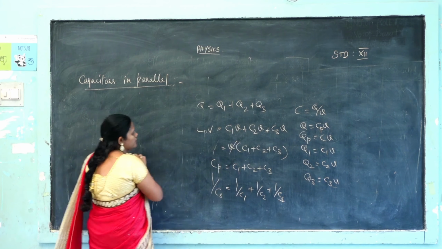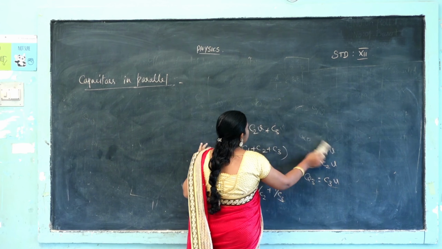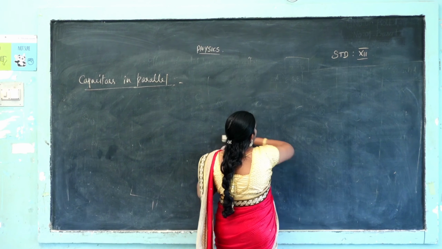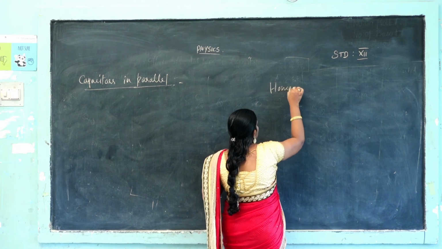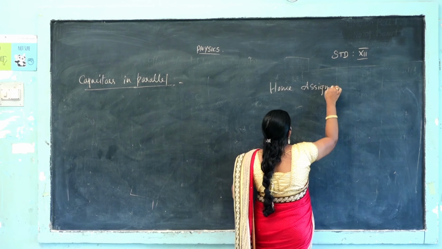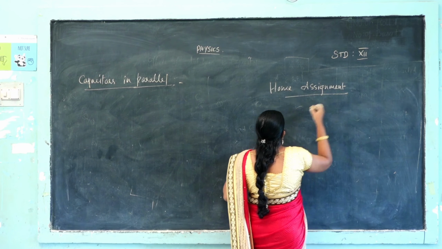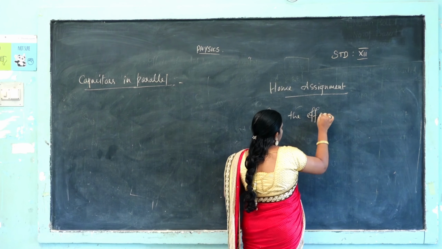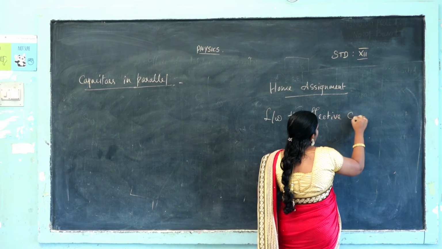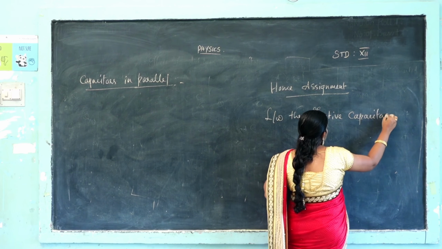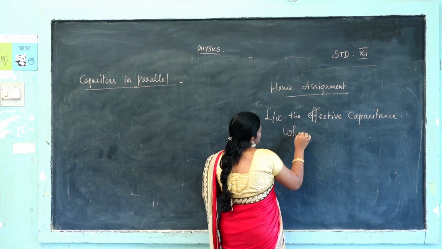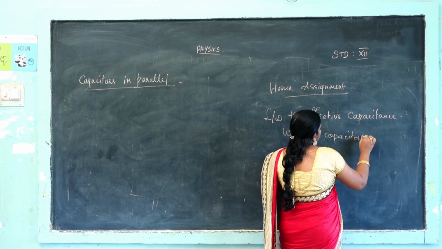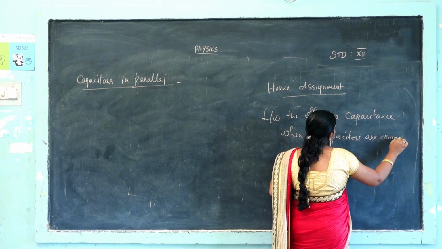So you have to learn the formulas for when the capacitors are connected in series and parallel. Okay, so home assignment: learn and write the effective capacitance when the capacitors are connected in series and parallel.